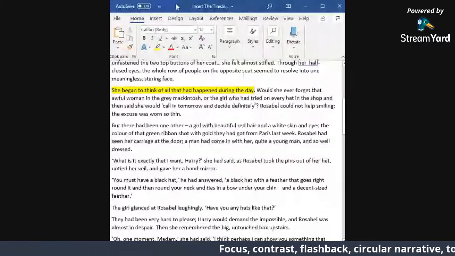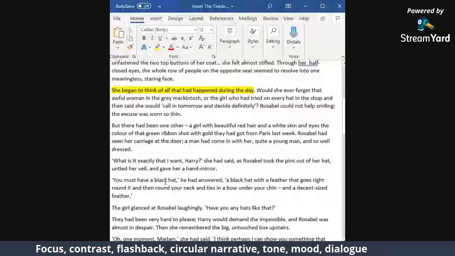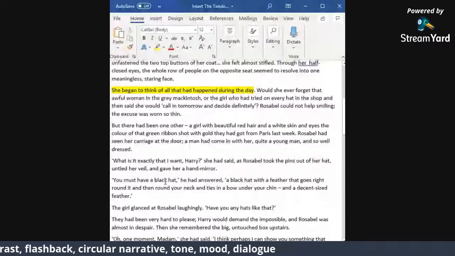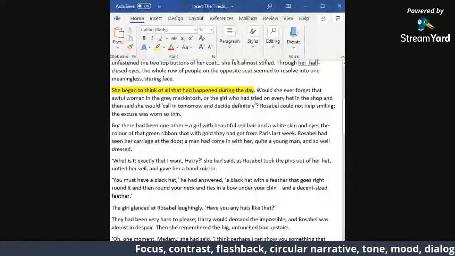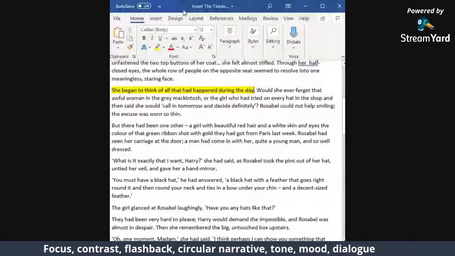So you've got focus, you've got contrast, you've got flashback. We haven't mentioned circular narrative yet, but we'll come back to that at the end. We've got tone, mood, and things like dialogue, and these all come through in this extract, and we'll pick them out as we go along.